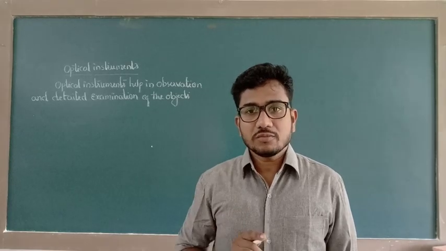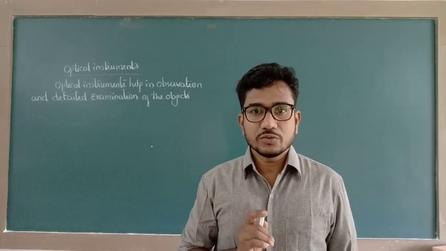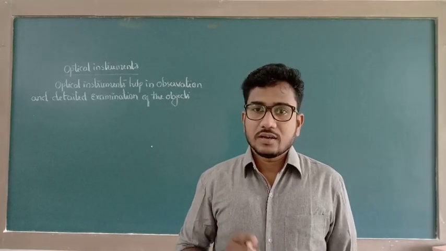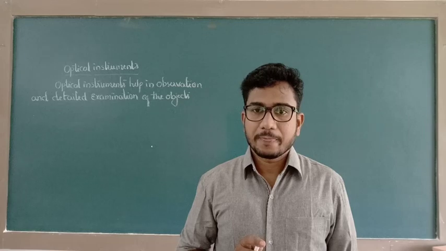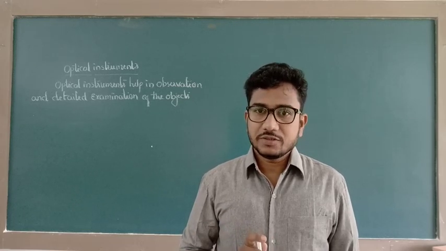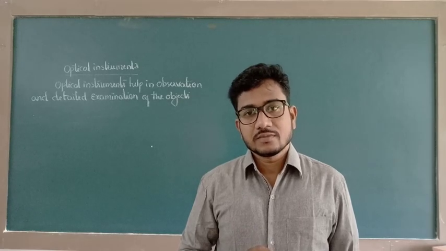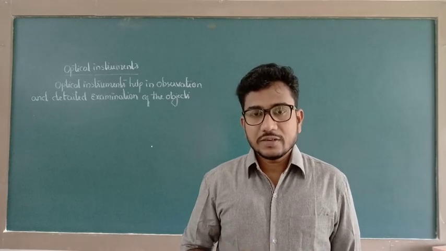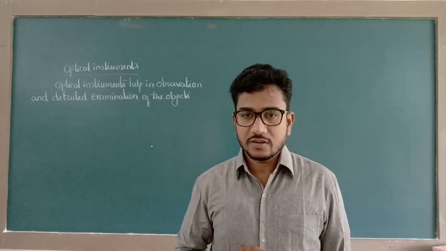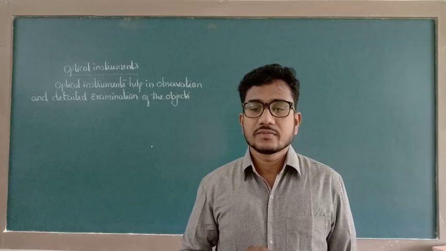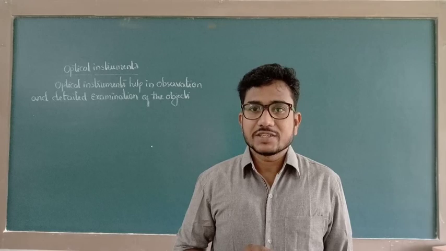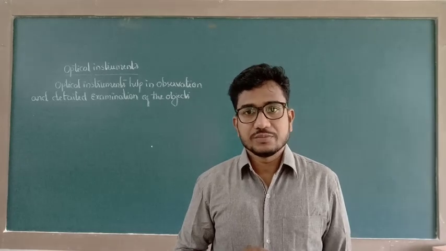In case of a compound microscope, we are going to use a combination of lenses. Combination of lenses means by varying the distance between the lenses or by using the focal lengths of different lenses, we will get the magnified image of an object.